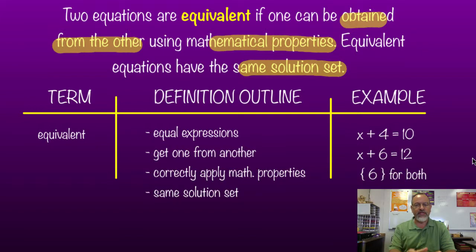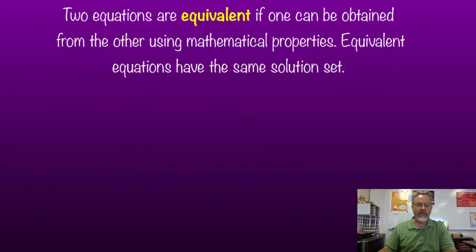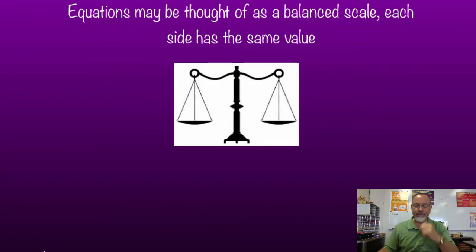So they both have the same solution set, which means they're equivalent. And it also means that I should be able to obtain this equation from this one or this one from this one, vice versa, by using some math properties. So that's what equivalent equations are, and that's going to be the key to determining these solutions without having to use mental math or trial and error.